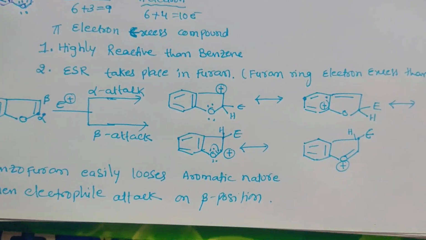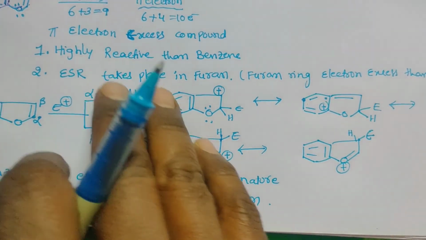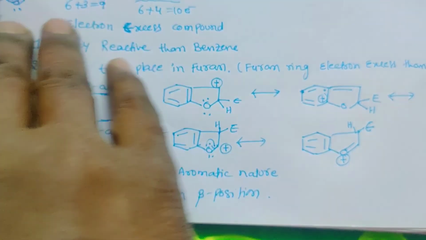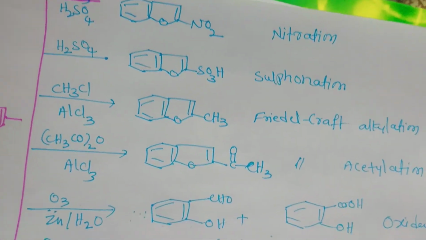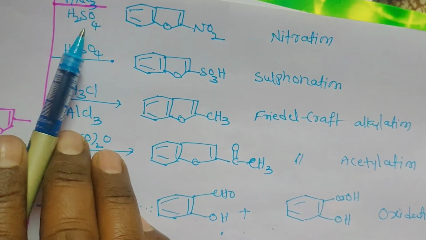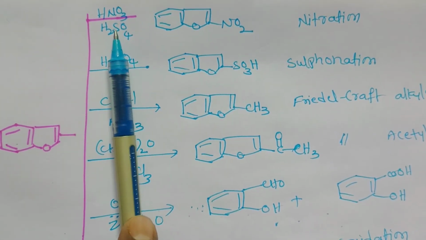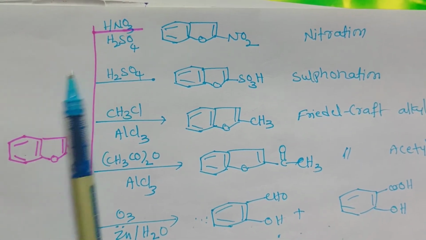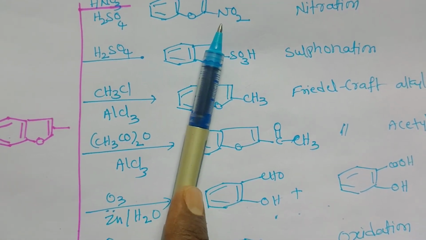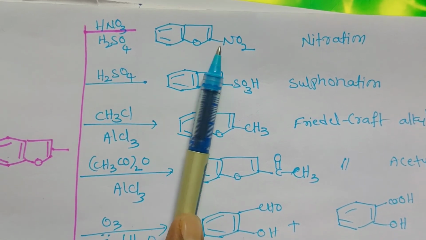Now we go for examples of the electrophilic substitution reactions of benzofuran. Now this is nitration. We know very well that HNO3 and H2SO4 mixture is known as nitration mixture. So when benzofuran is treated with the nitration mixture, we get 2-nitro-benzofuran.